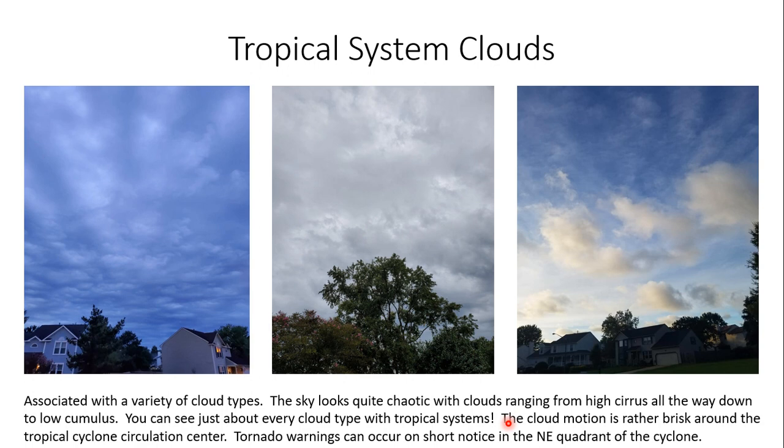You'll see just about every cloud type with approaching tropical systems. The cloud motion, you'll notice, is rather brisk around the circulation center. And tornado warnings can often occur in the northeastern quadrant of tropical cyclones on very short notice due to directional and speed shear over short distances.